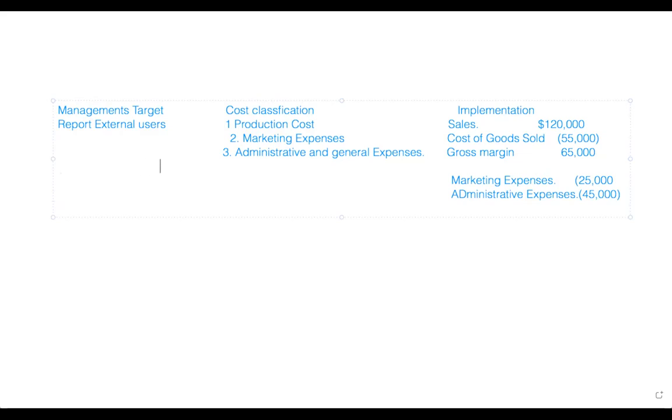So less operating expenses. Okay, sorry, just making space in here. So how is the total?